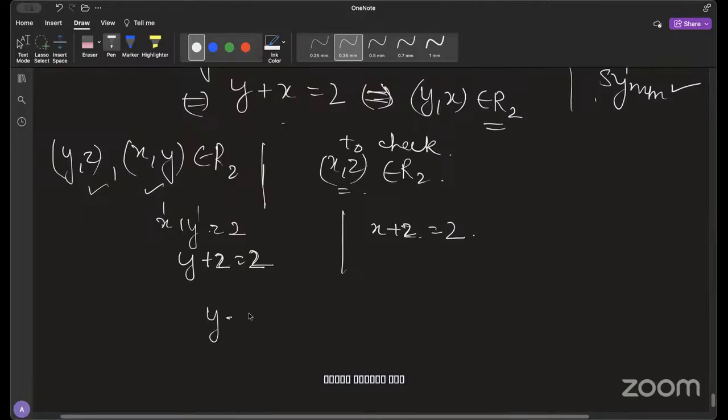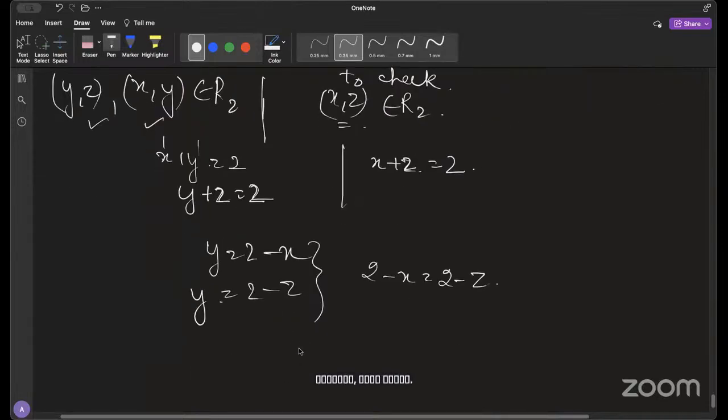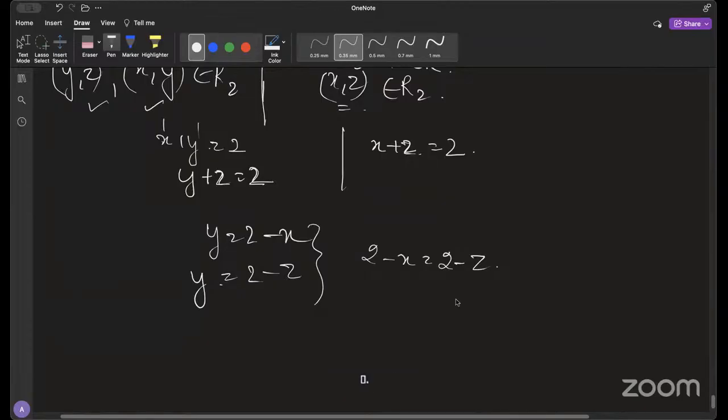You will have y equals 2 minus x and y equals 2 minus z, right? And then you can equate these things. So you will get 2 minus x equals 2 minus z. So from here you will get 0 and x minus z. That means your x and z are the same.